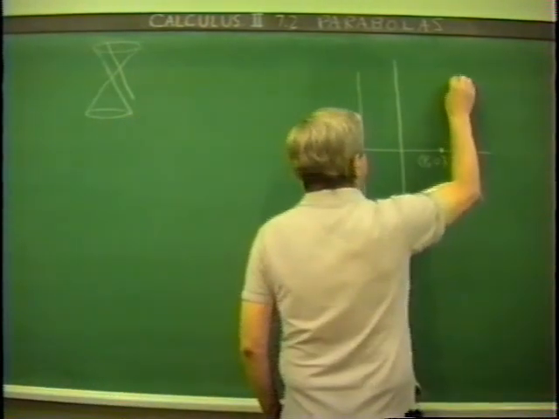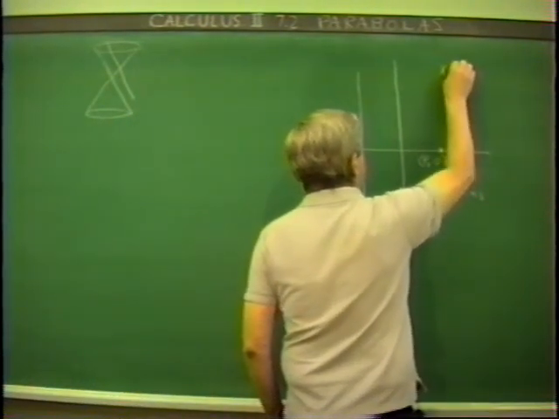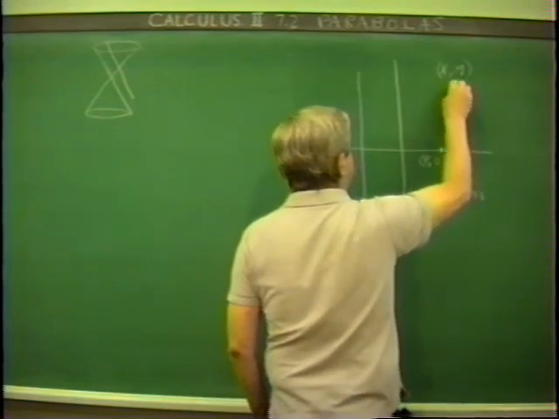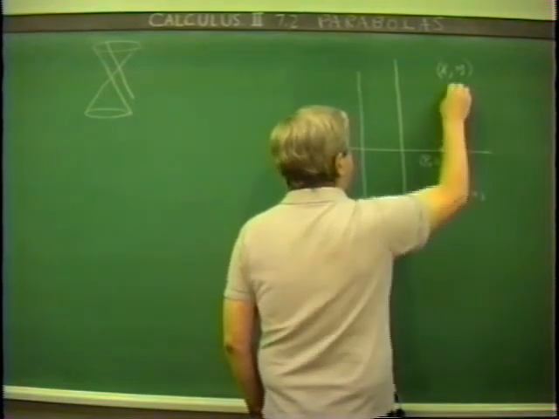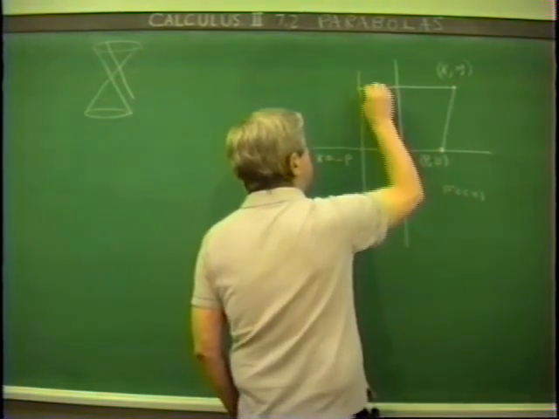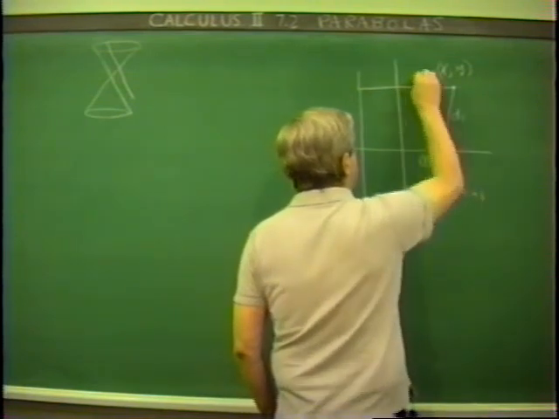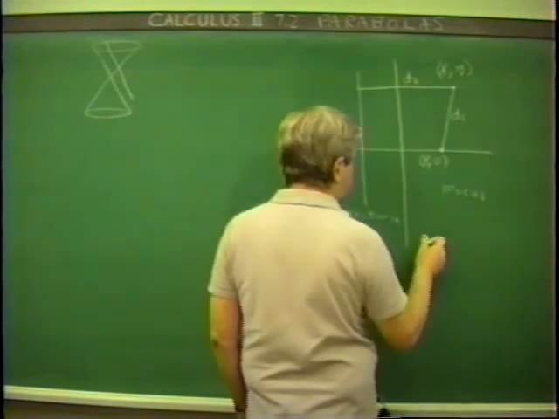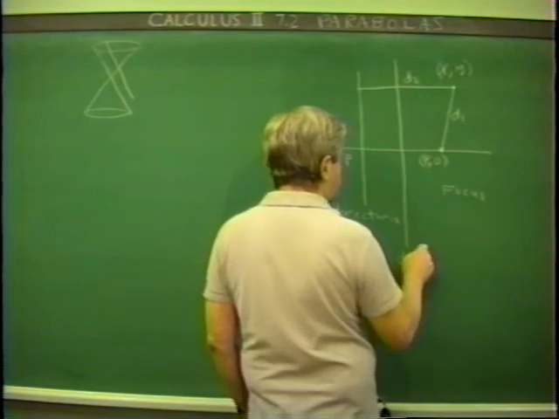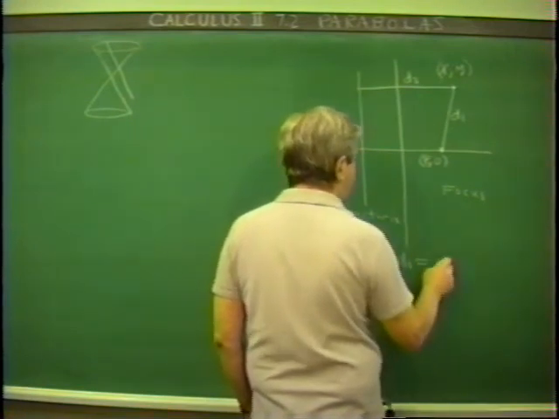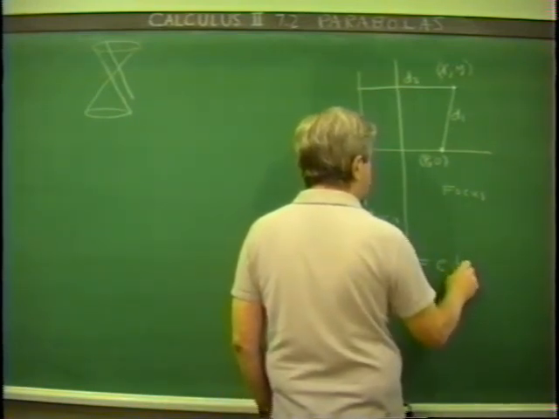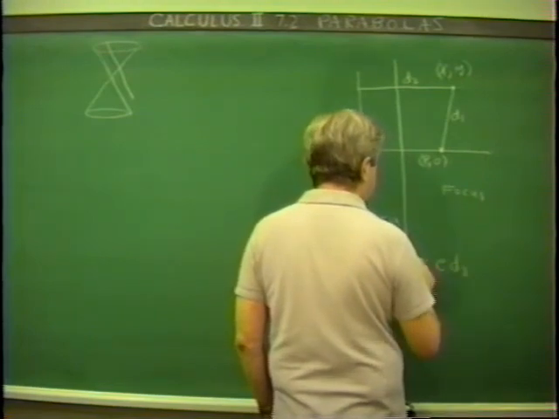Now, what we want to do is consider points (x, y) so that when we consider these two distances, d1 and d2, the distance to the point, d1, is the eccentricity times the distance to the line, the directrix, d2.